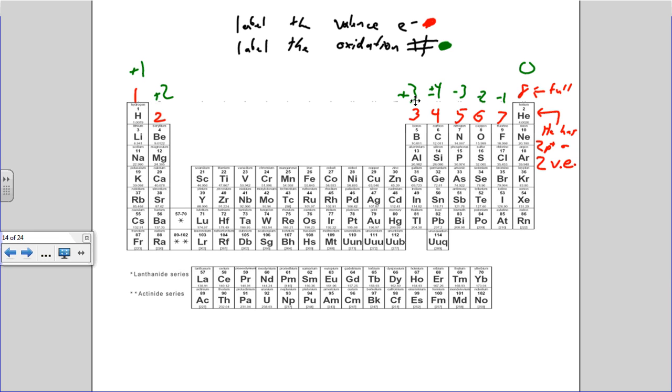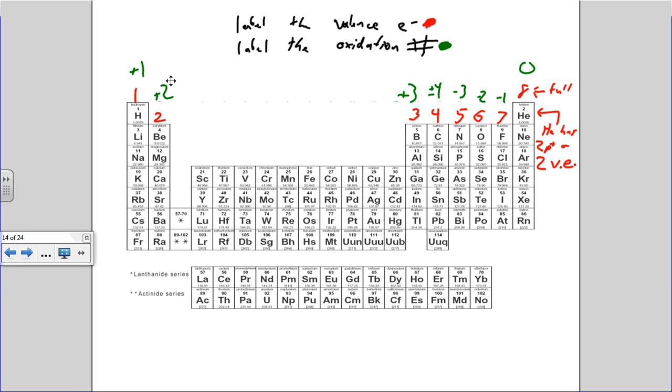So these ones over here are metals, right here. All of our metals have positive oxidation numbers. What that means is that our metals are going to be, for the most part, giving up electrons. If you lose electrons, you become positive because you're losing negatives.